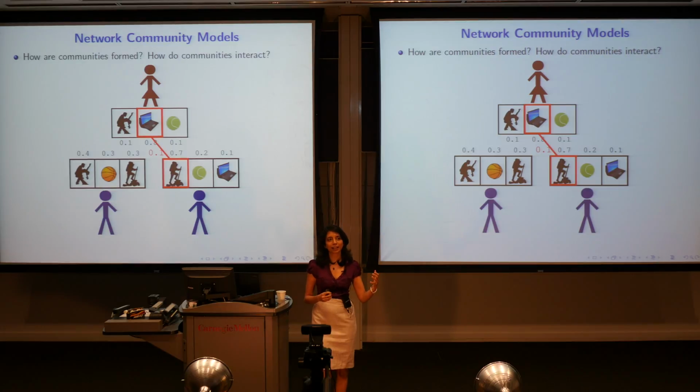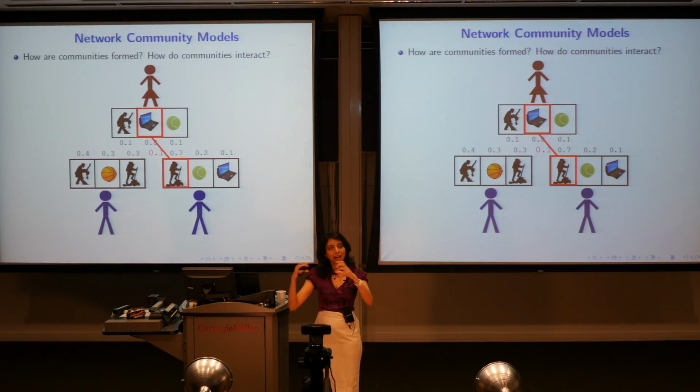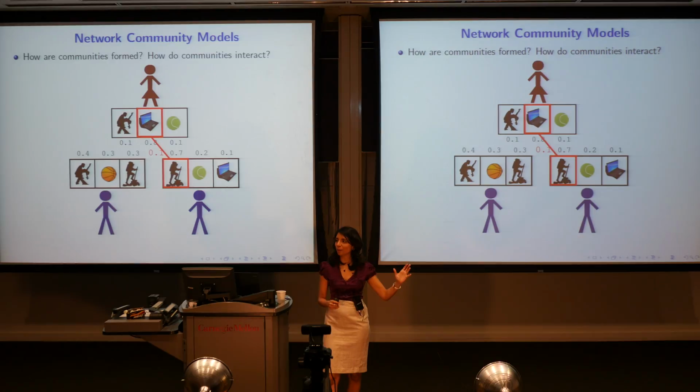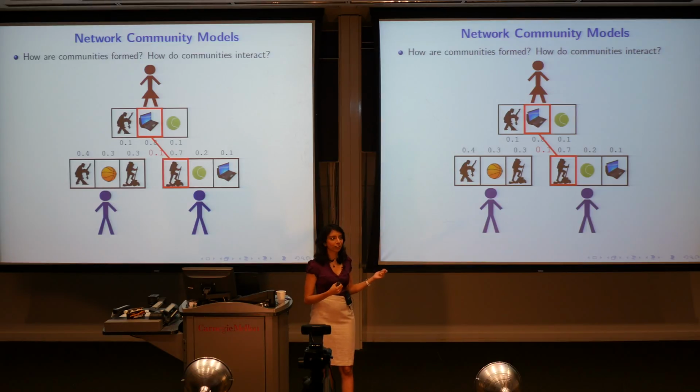So think of it as for all these different interests, there is some unknown probability of being connected. And on top of that, people also have multiple interests that are unknown. In fact, this is very similar to the topic model that I described. There we had multiple topics, and given these topics, you were drawing the words. Here we have multiple interests for every person, and given these interests, I'm drawing the connections or the edges in my graph. And we'll see that the connection is even deeper than that, and I'll come to that in a minute.